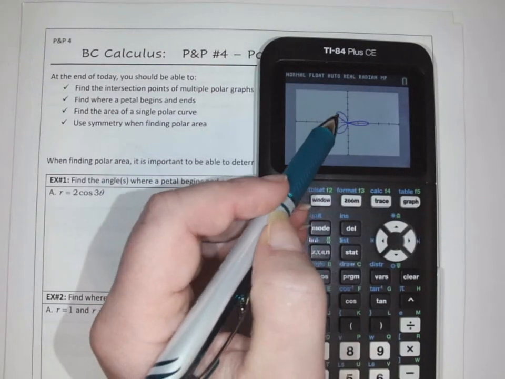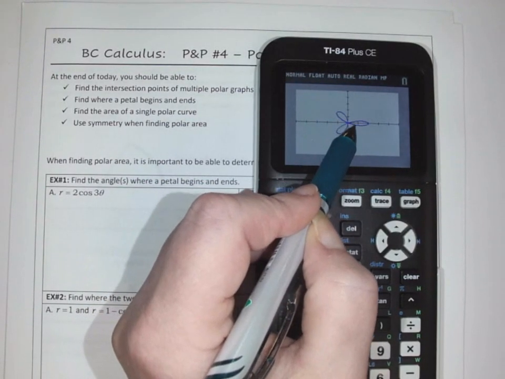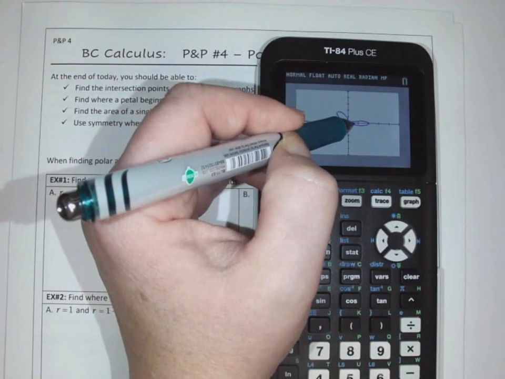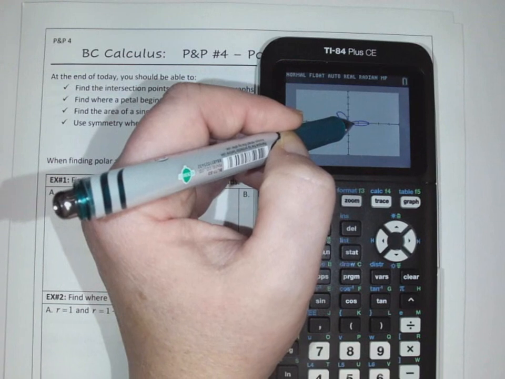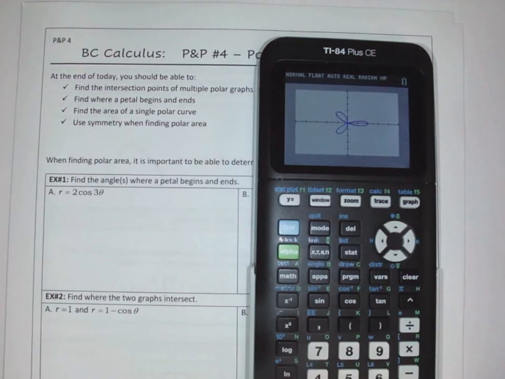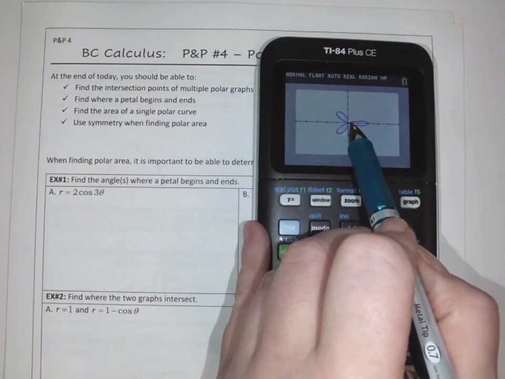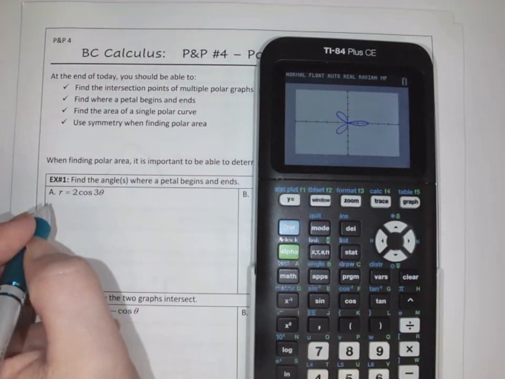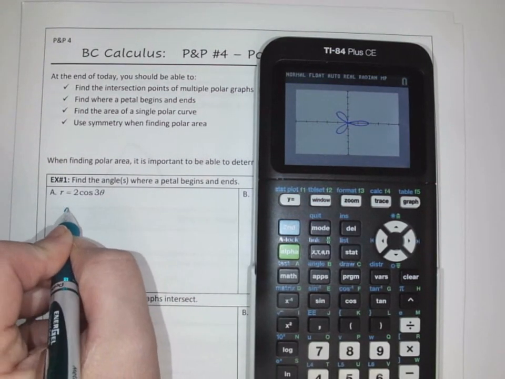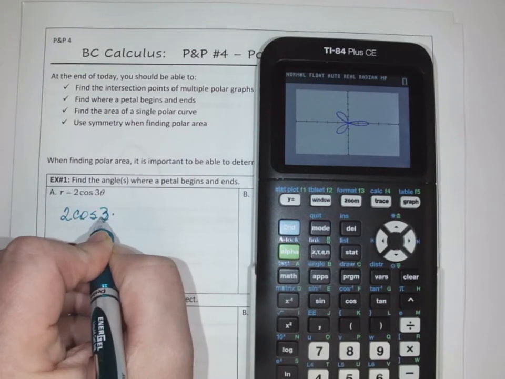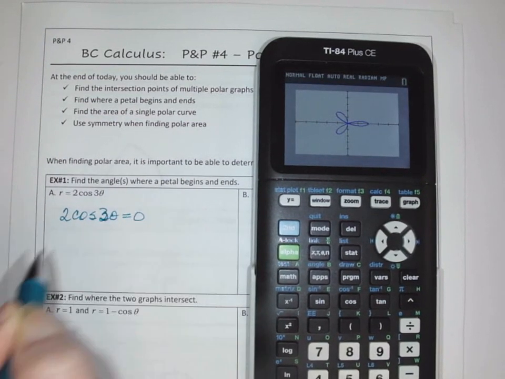So what we're asking for is where one of these petals begins and ends. Well, if you think about it, they begin and end when they touch the origin, which remember is what we call in polar the pole. Sorry, I lost the word there for a minute. And the pole is where the radius is equal to 0. So in order to find where a petal begins and ends, we want to know where 2 cosine 3 theta is equal to 0.